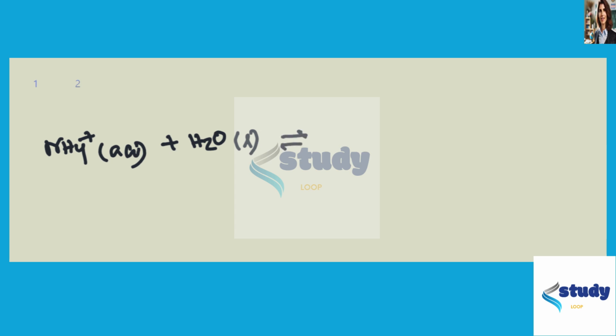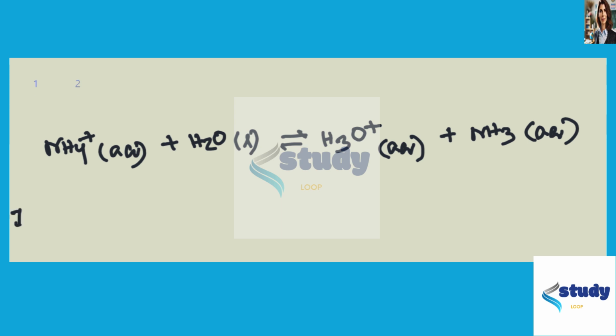So it will be H3O+ and NH3. And then if we set up an ice table for this, the initial concentration of ammonium chloride is the initial concentration of ammonium, because from 1 molar ammonium chloride we will get 1 molar NH4+.